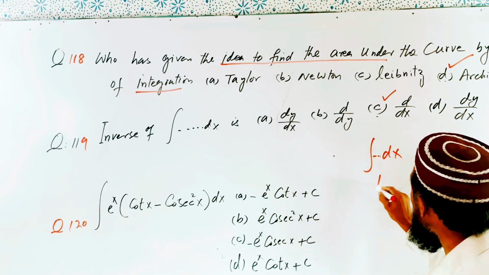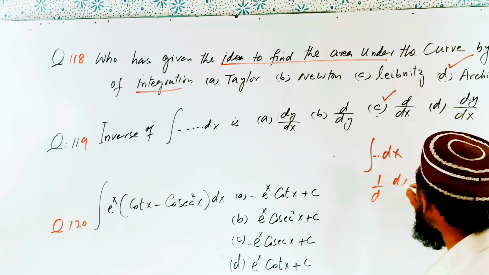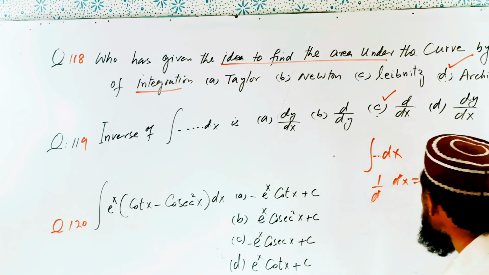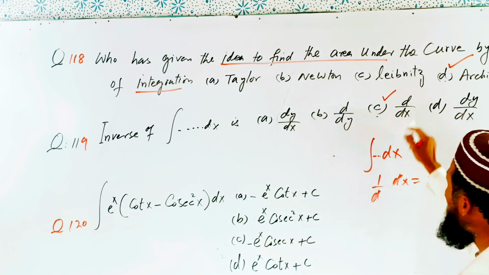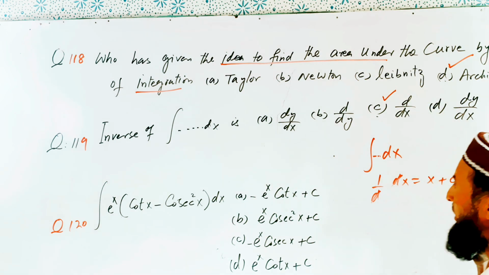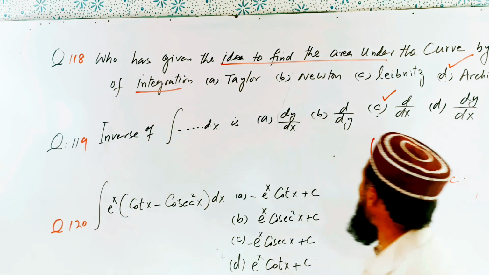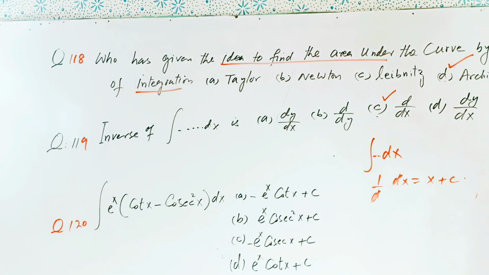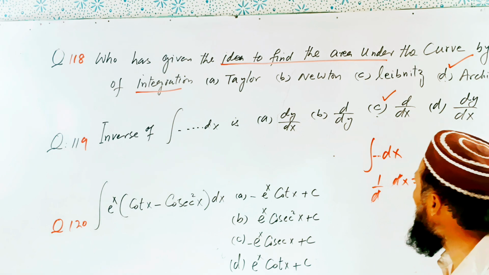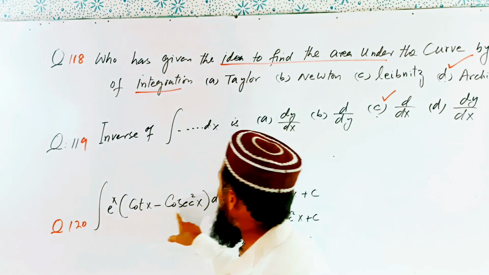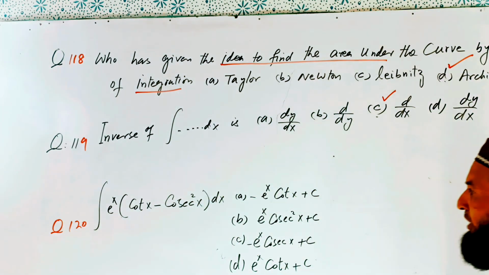If both are cancelled, 1 over d and dx, we get x plus c. So it means the derivative with respect to x is required, because here we are finding integration with respect to x. So dy by dx is the answer, or x into cotangent x minus cosecant square x dx.